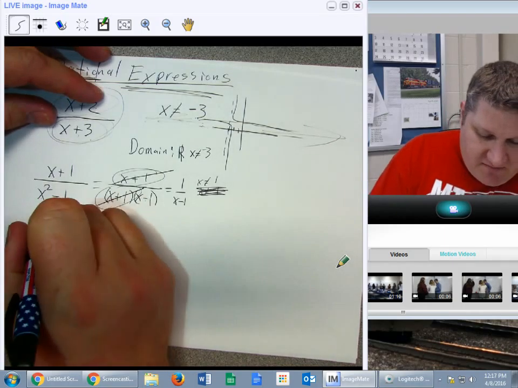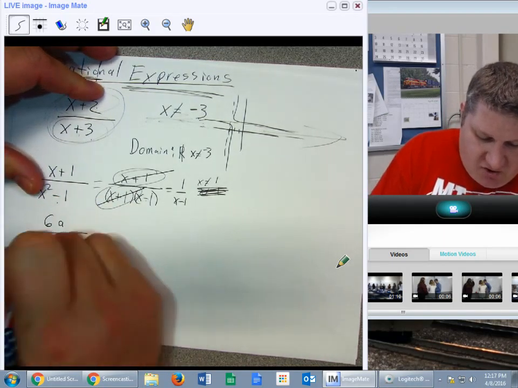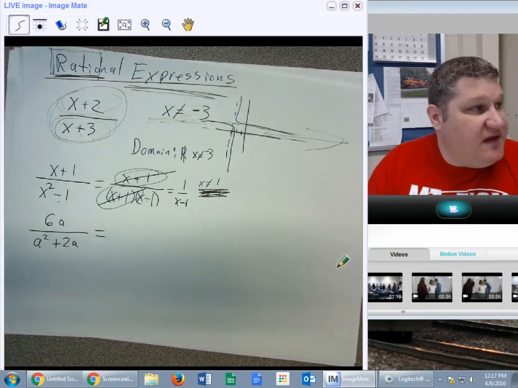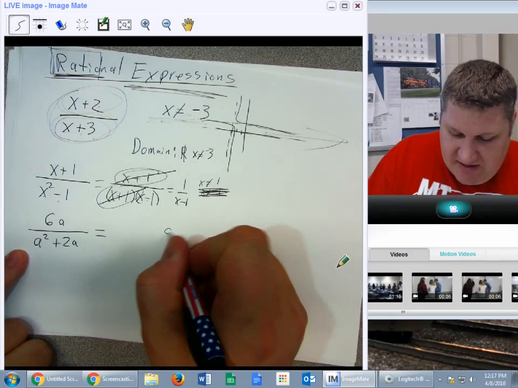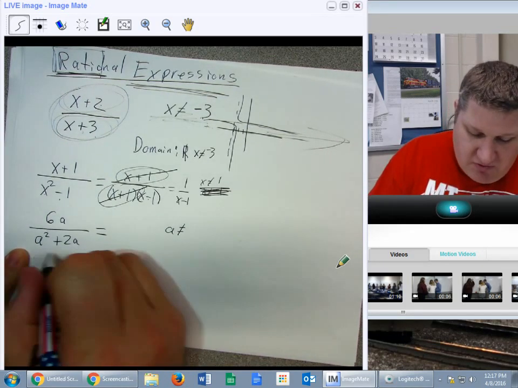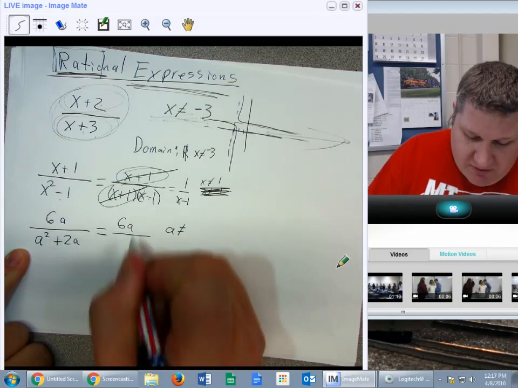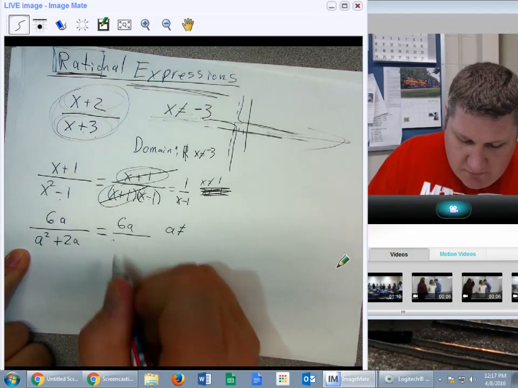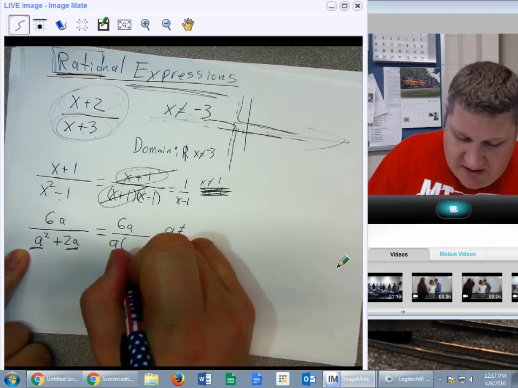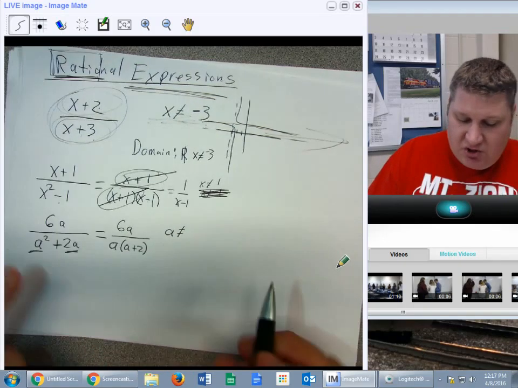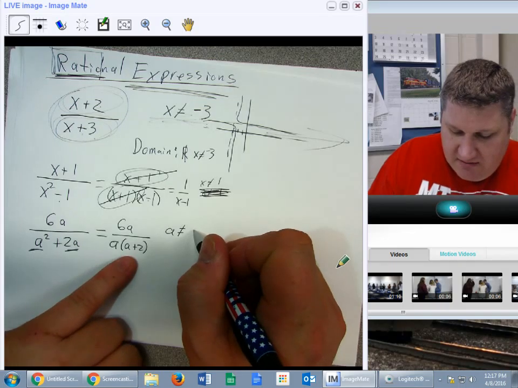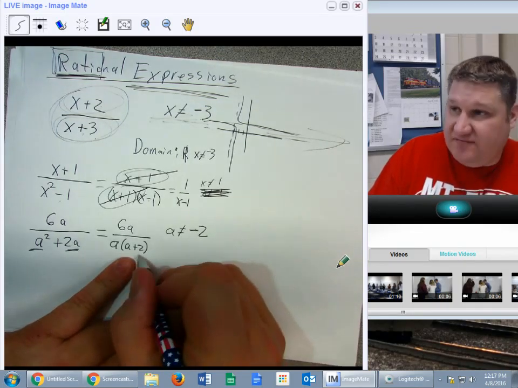Now let's go over here. What if I have 6a over a squared plus 2a? In this case, what can't a be? Well, let's do what with the bottom? Break it up. What do I do first? Nope. What do I always try to do first, folks? Take out common: a plus 2. So what can't a be? Can't be -2, because -2 would make it zero.